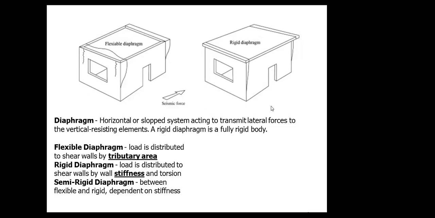You may have collector beams, or go directly to the shear wall. During this transfer you can have a compression chord here and a tension chord here, so you need rigidity between these two elements. I think this is the load transfer. You can get it from the standard books.